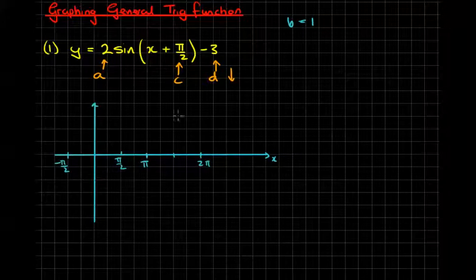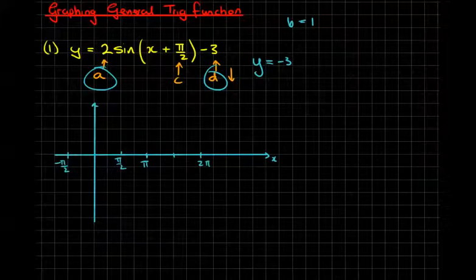What I do is I start off with the amplitude and the displacement, and I get those two things drawn in first. This graph has been displaced by 3 units down. It's been shifted, translated 3 units down. Remember, the principal axis is whatever number D is, so that's my minus 3.